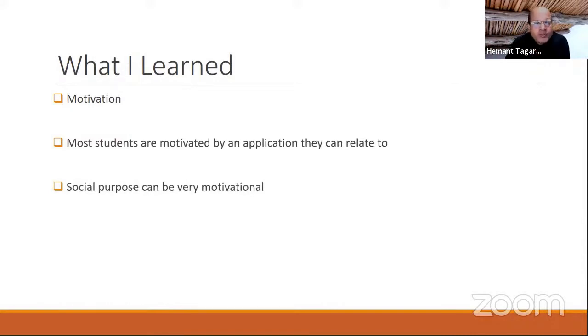And a social purpose can be really motivational. I see that because I'm really fortunate that I work at the interface of biology and medicine and computation, so it's not too hard for me to find some kind of underlying social purpose for the research we do.